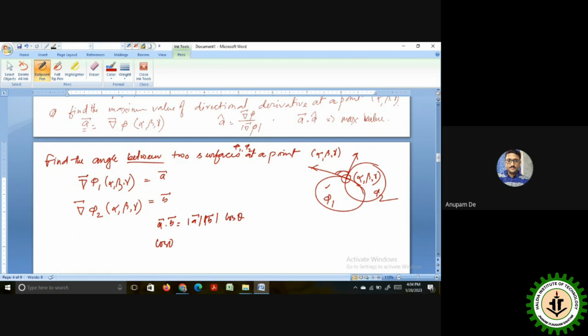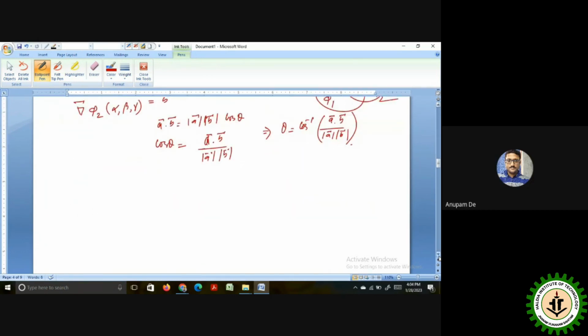So cos theta will be equal to A dot B divided by mod A into mod B, and so theta will be equal to cos inverse of A dot B divided by mod A into mod B. Is this theory clear to all? Yes, sir. Good.